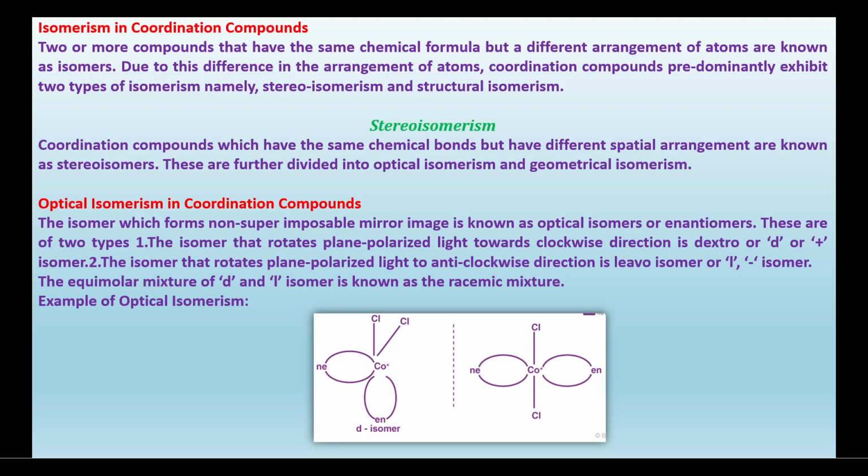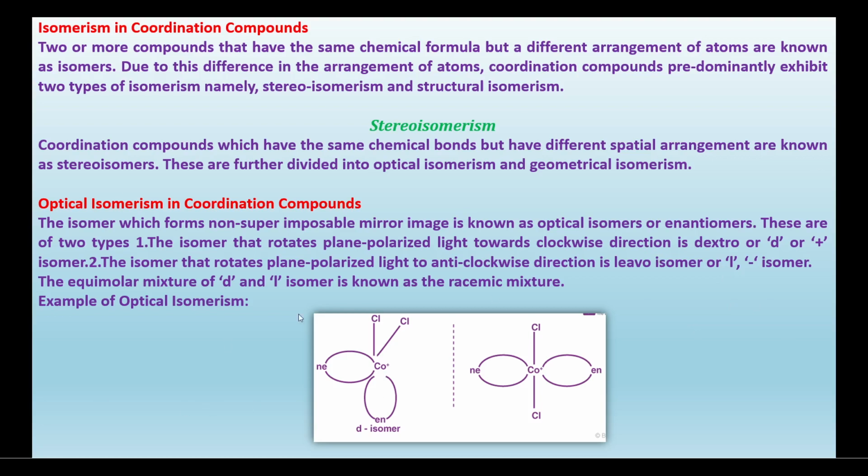What do we mean by stereoisomerism? Coordination compounds with the same chemical bonds but a different spatial arrangement are called stereoisomers. Further, it can be divided into optical isomerism and geometrical isomerism.